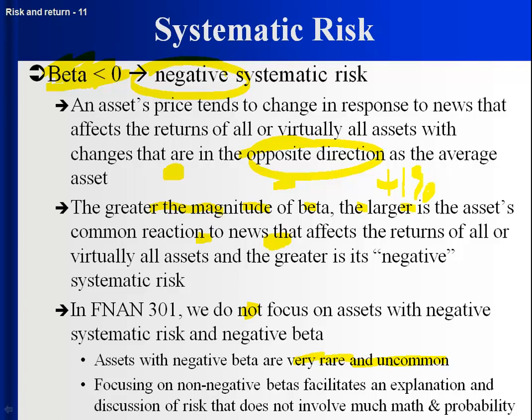The other thing is, by focusing on non-negative betas, positive betas and zero betas, it allows us to discuss risk in a way where we can involve a lot of math and probability. Once you throw in negative betas, you have to ratchet up the discussion, and we can avoid that. So we don't spend much time on negative betas in this class.